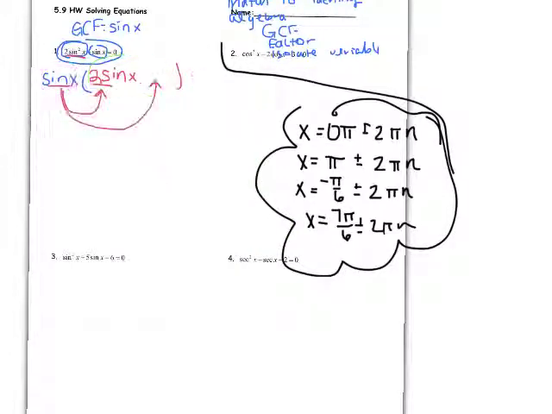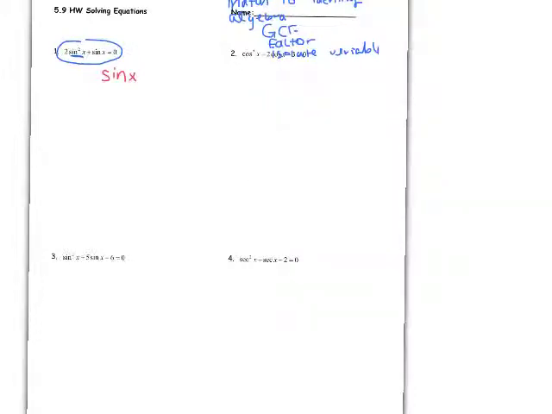In number 2, it reads cosine squared x minus 2 cosine x minus 3 equals 0. While this may seem pretty similar to number 1, there's one really big difference. It's not that it's cosine versus sine, it's this number right here. This -3 makes it a totally different problem.